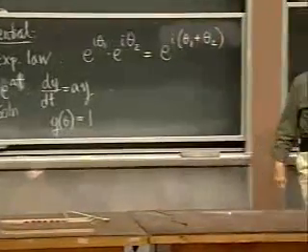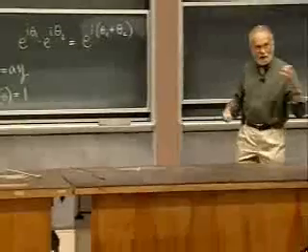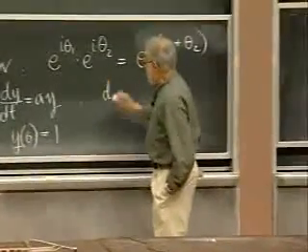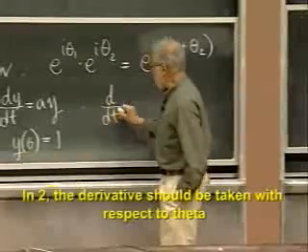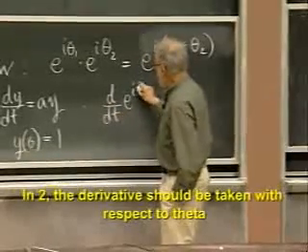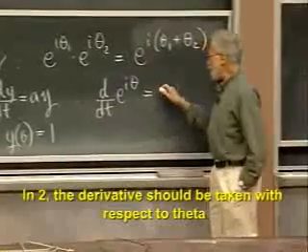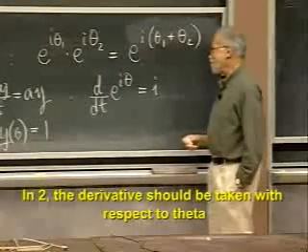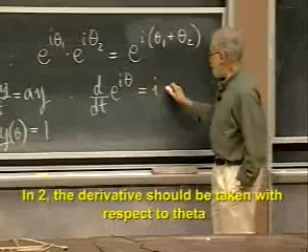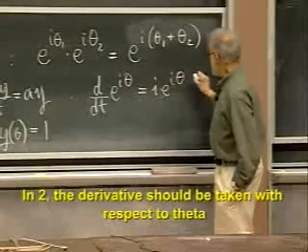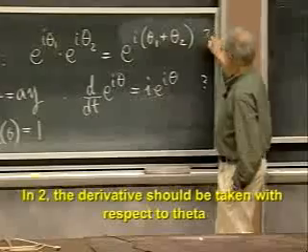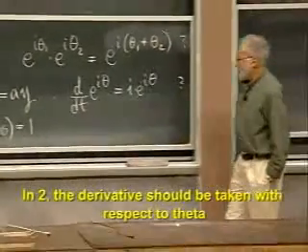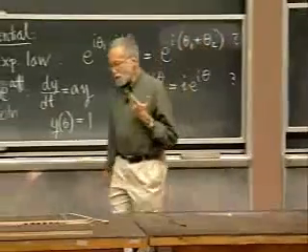If that turns out to be so, that's a big step. What would we like to be true here? Well, will it be true that the derivative with respect to t of e to the i theta is equal to i times e to the i theta? So, question. I think those are the two most significant things.